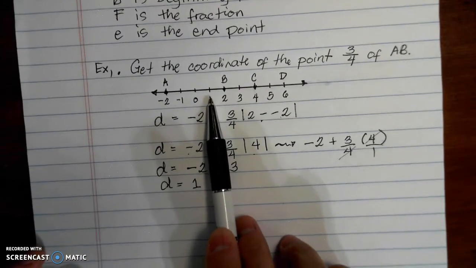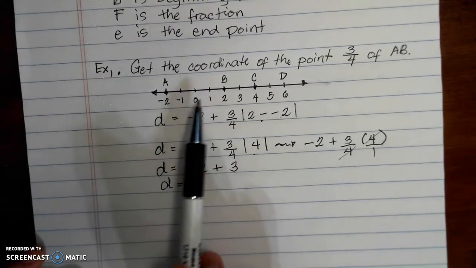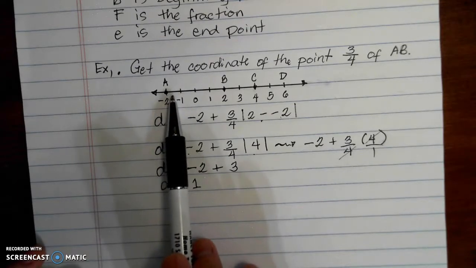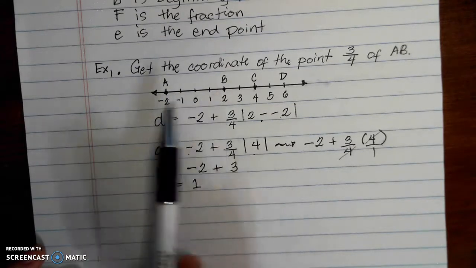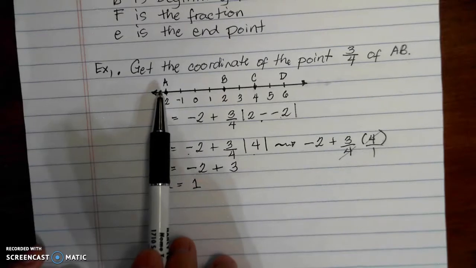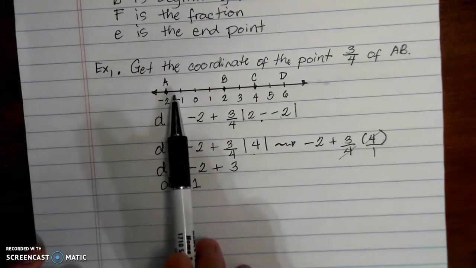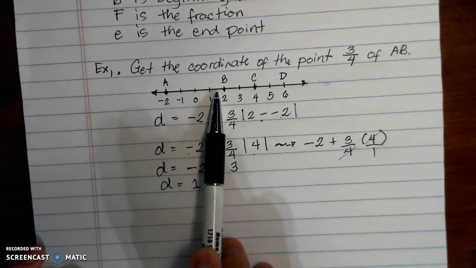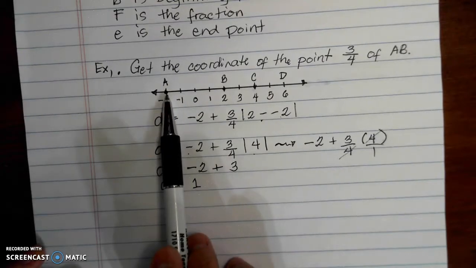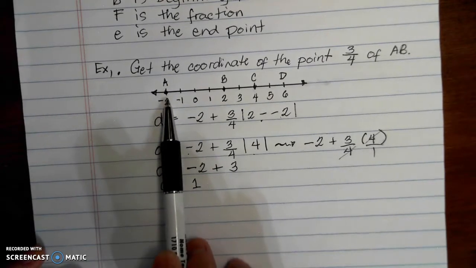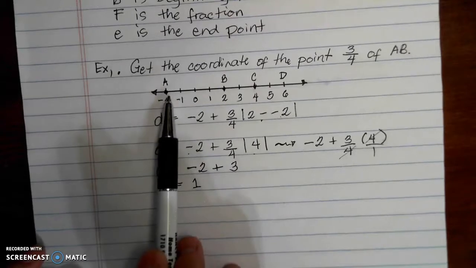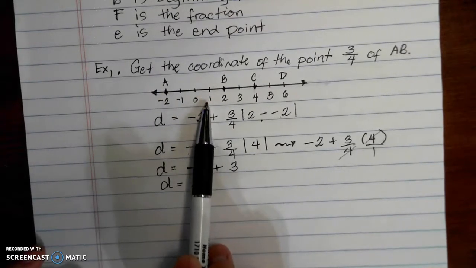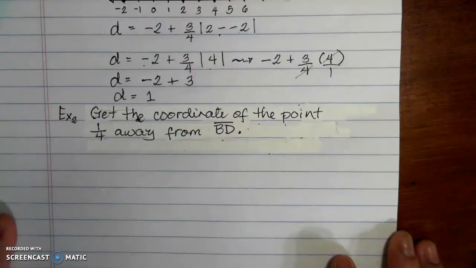You know what, guys, which makes sense because I want to give you the idea of fraction here. So from A to B, there are 4 units, and 3/4 of that from this point will end at 1. Which makes sense, right?